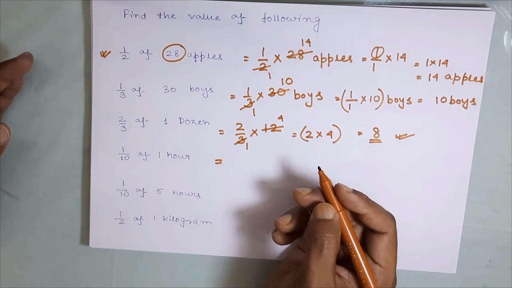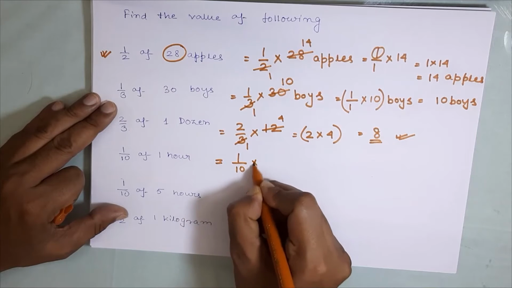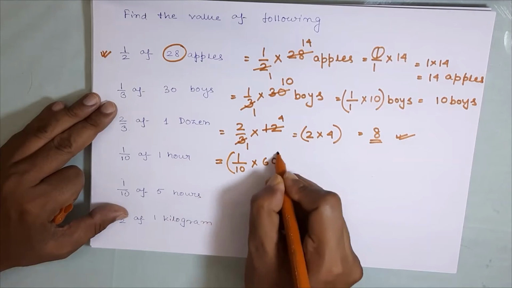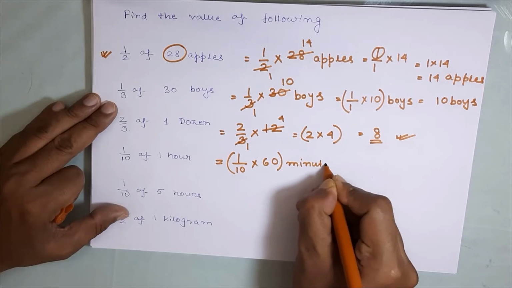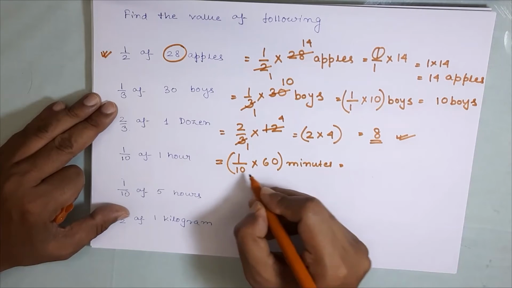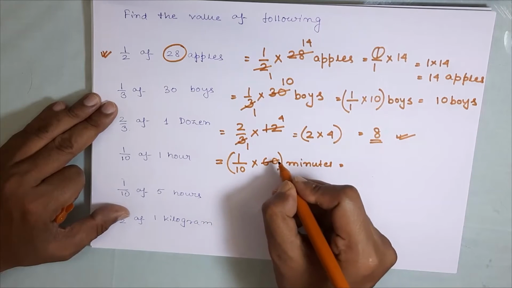Ultimately 60 minutes is equal to 1 hour, so we are not changing anything. So 1 by 10 into 60, it is now minutes, not hour, equal to, so 60 is divisible by 2.